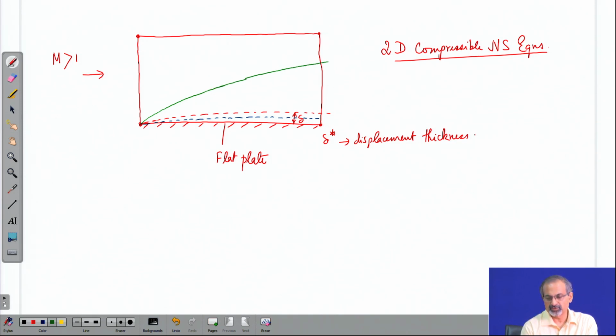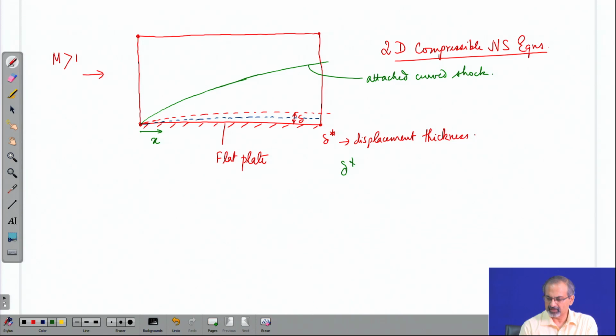because you have a supersonic flow impinging on the surface, moving parallel to the surface. So, this shock will be an attached curved shock. Why curved? Because the displacement thickness is changing along the flow direction, it is a function of x.